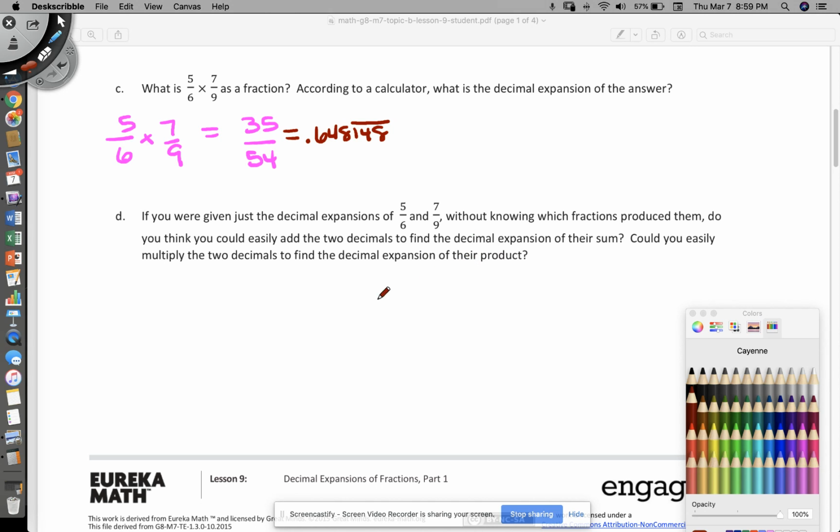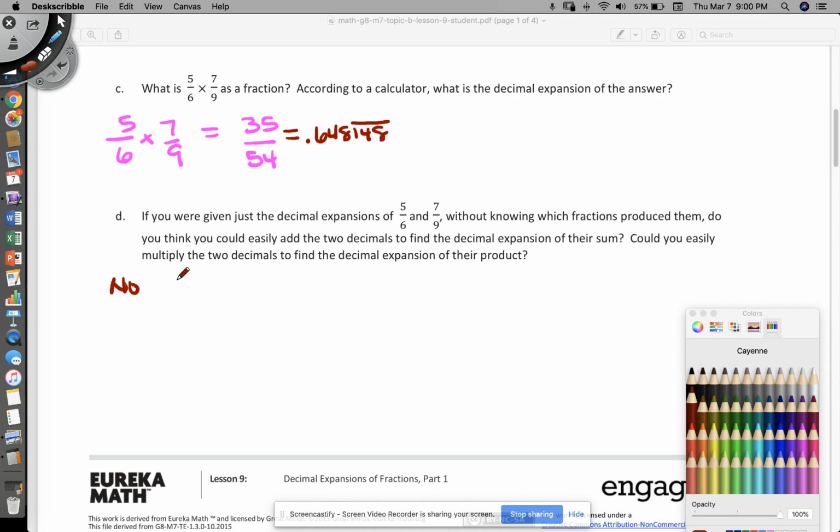I want you to think about that. We had those answers at the very top of 0.83 repeating, and the other one was 0.7 repeating. Is there a way you could take these two long repeated never-ending decimals and actually add them? And then could you take those same decimals and multiply them? I'm going to say no.